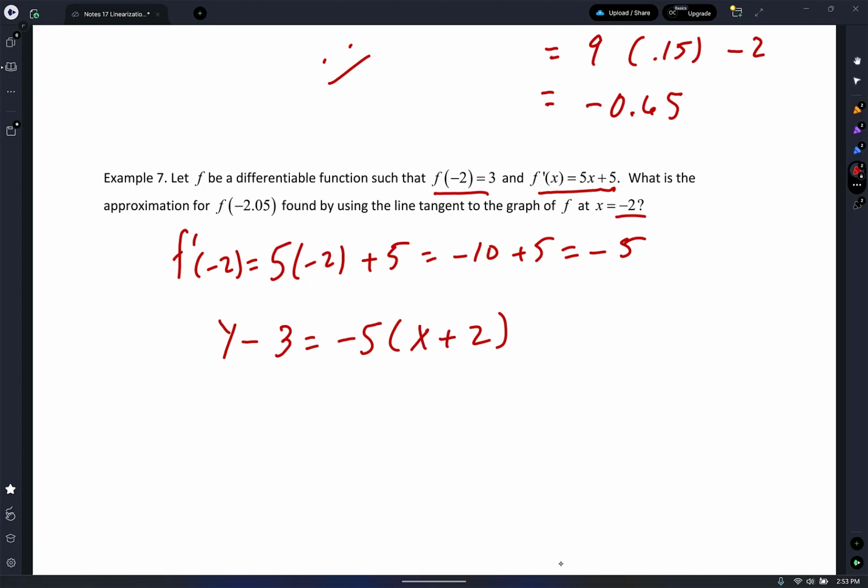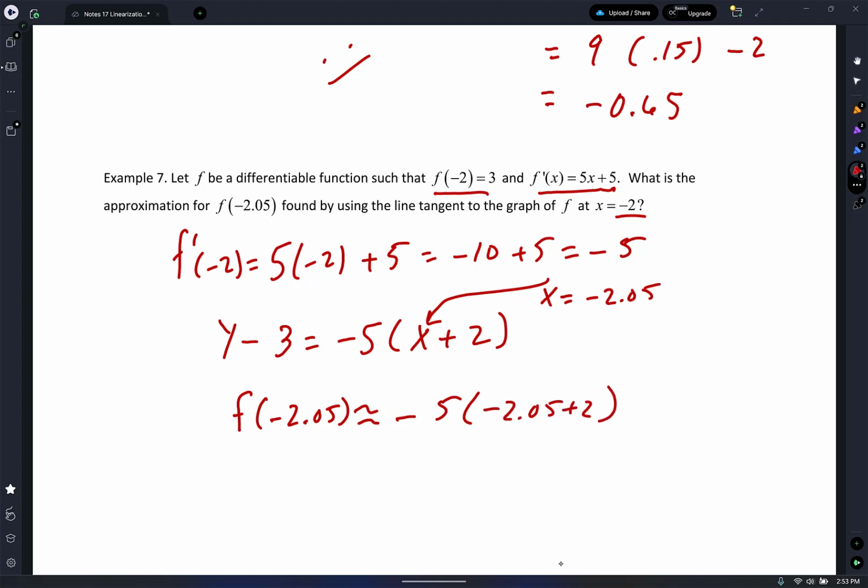Right? What am I going to plug in for this x? Negative 2.05. So I'm going to write f of negative 2.05 is approximately negative 5, parenthesis, negative 2.05 plus 2. I guess you could have also written just negative 0.05 plus 3.